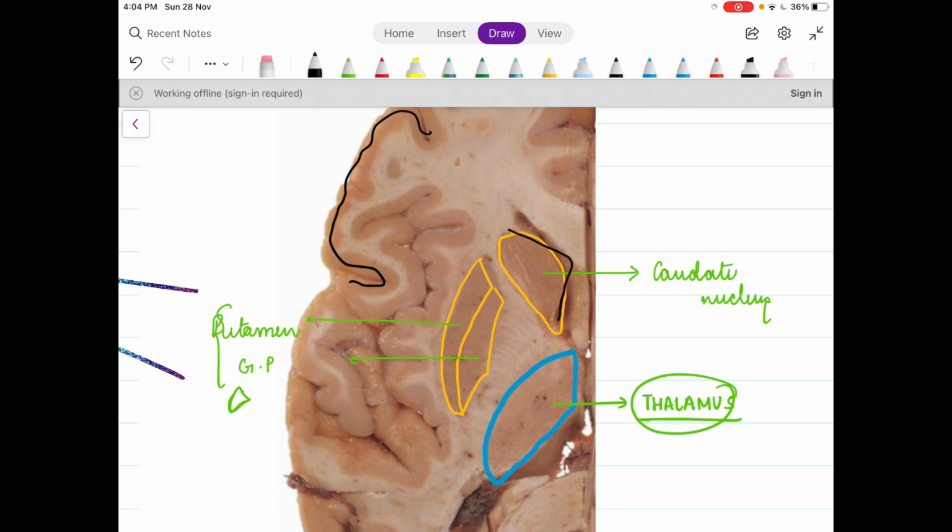For example, this is the caudate nucleus, and these two structures together, known as the lentiform nucleus, are made up of two things, the putamen and the globus pallidus, the inner one. This blue structure here is your thalamus. The thalamus is not itself a nucleus of the basal ganglia but is very important for its functioning, because the thalamus, basal ganglia and the supplementary motor area are very closely related functionally.